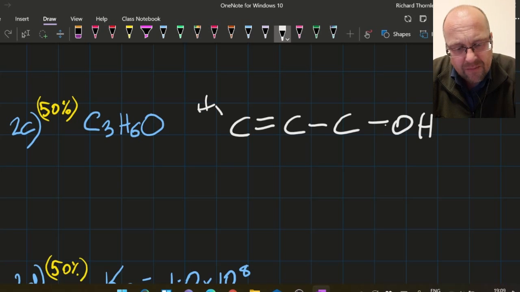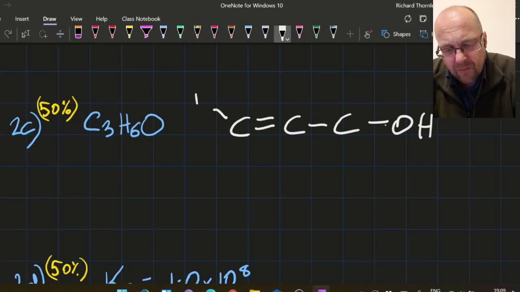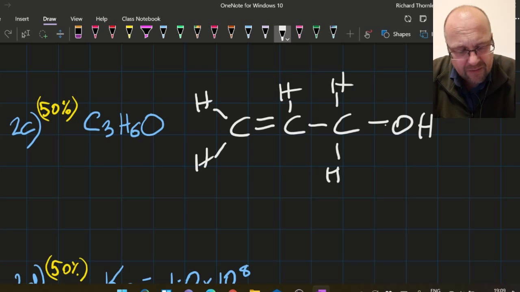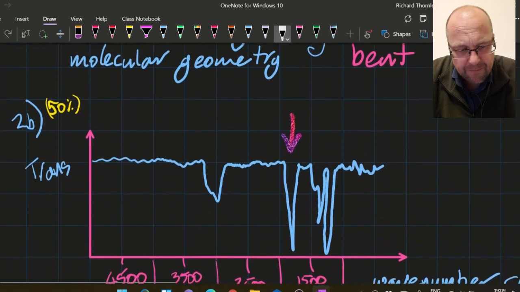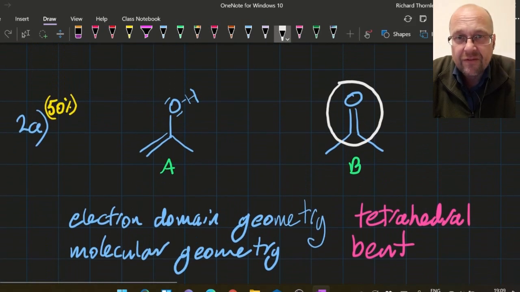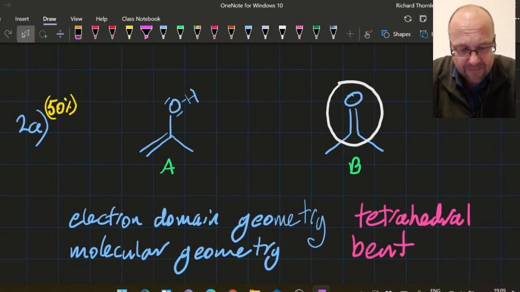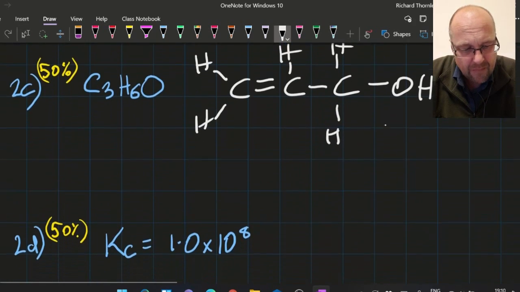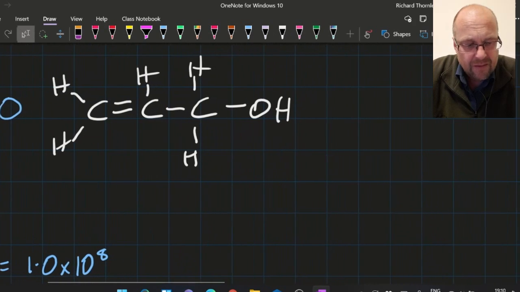1, 2, 3, 4, 5, and then 6. So that's 3 carbons in a row with an OH at the end. Okay, so that's different to this one here. That's got an OH in the middle. Let's do another one.